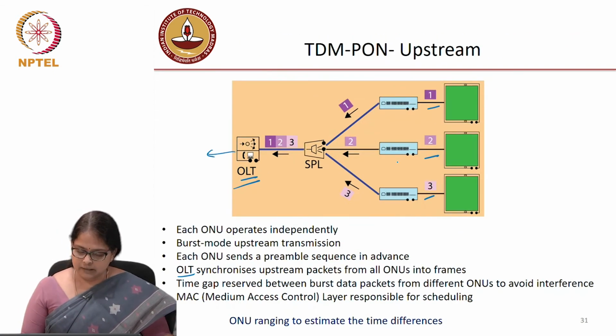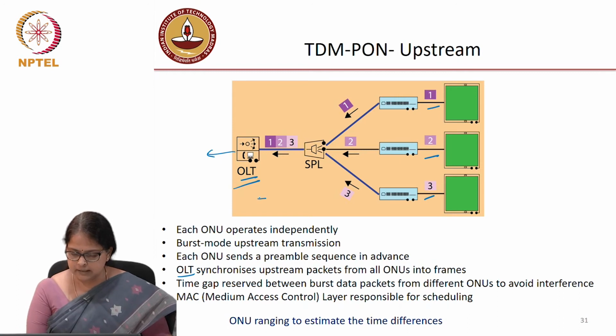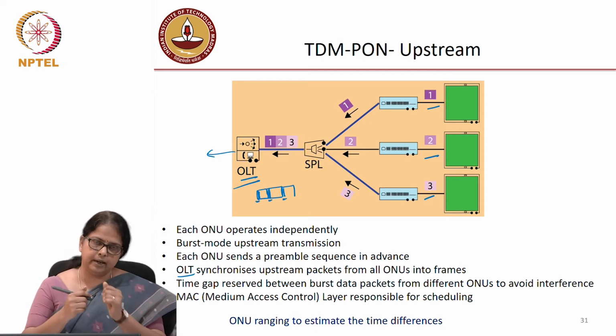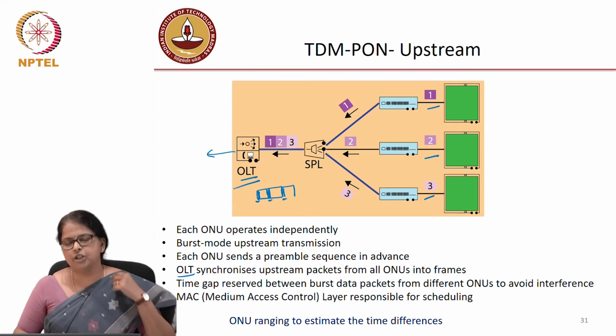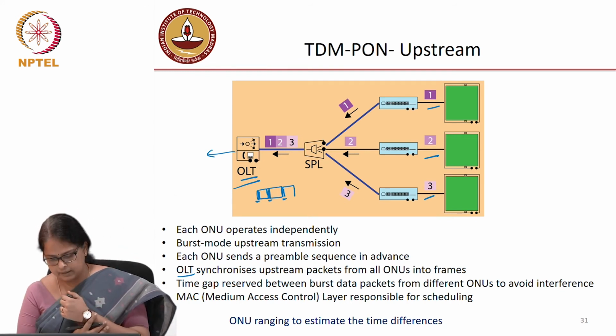Okay. So it's not that even though we say there is 1, 2 and 3, there is a time gap given between 1, 2 and 3, so that any synchronization or any kind of delays can be accounted for. Again, the scheduling is done by the MAC layer.